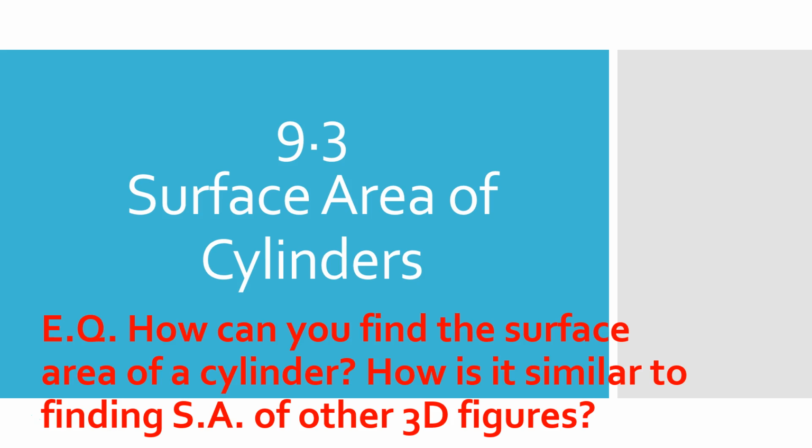When we did a pyramid, it was the same idea. We took the area of the base, which was sometimes a square, and then we added up the four triangles. Or we took the surface area of the triangular base plus the three triangles. This is going to be kind of the same idea, except we're going to be working with a cylinder this time.